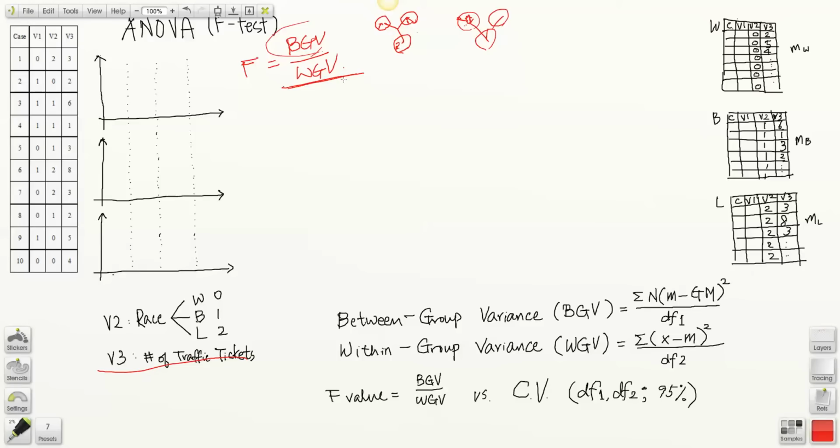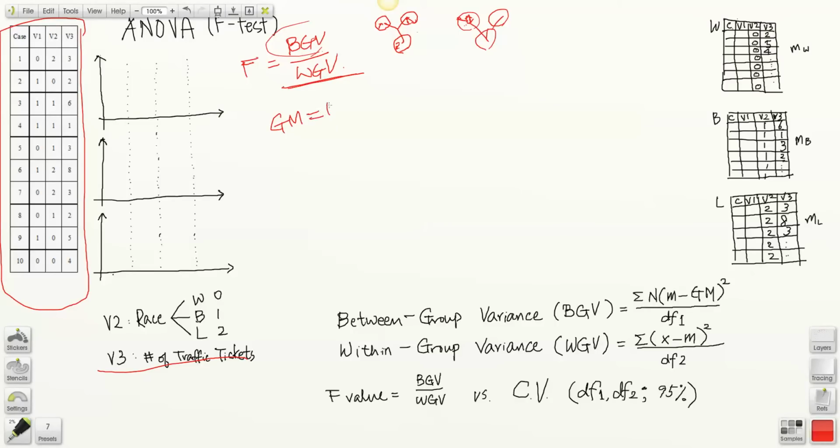So that's the concept. And then you need a couple of pieces of information before you actually delve into the calculation of f-value. First of all, you need grand mean calculation. But this is probably the easiest one because just by looking at the original sample data set, you can calculate it. What is it?